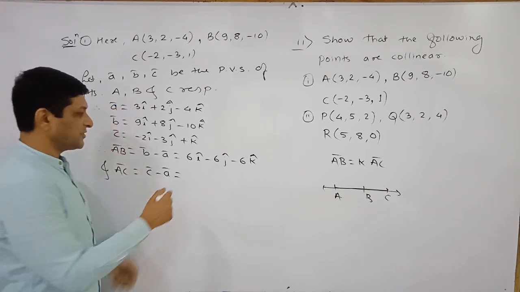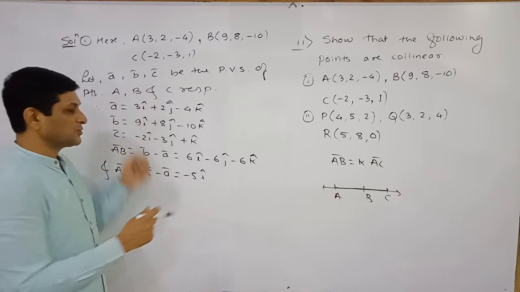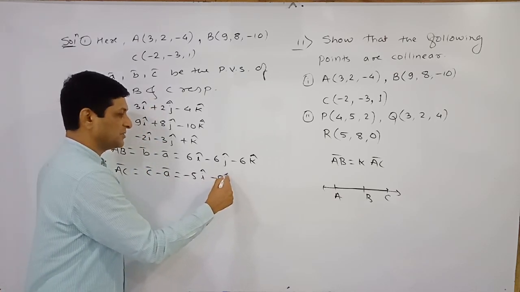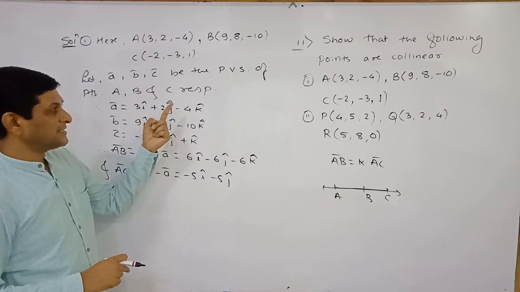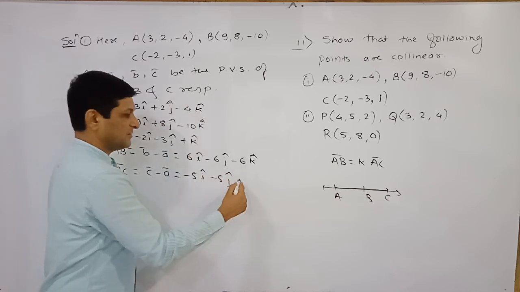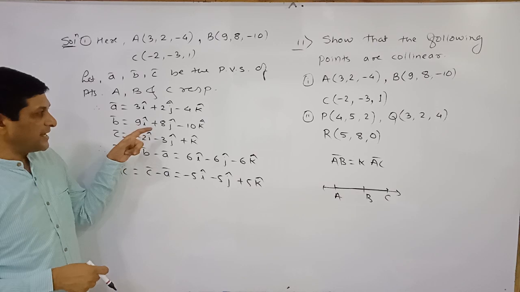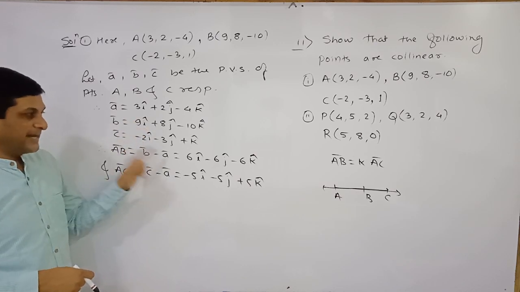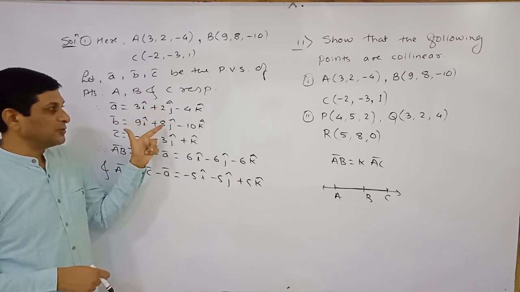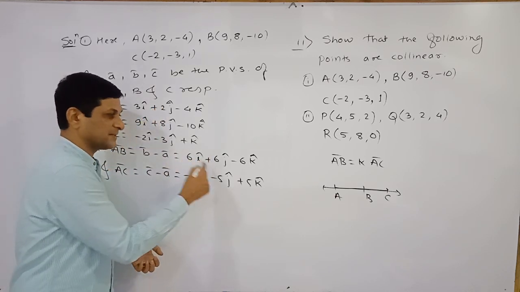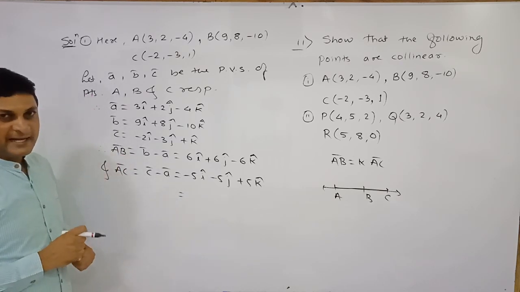Minus 2I minus 3I equals minus 5I cap, minus 3J minus 2J equals minus 5J cap, and lastly K cap minus means plus 4K cap equals 5K cap. Before that, let us observe the earlier value: 9 minus 3 is 6, and 8 minus 2 gives plus 6.